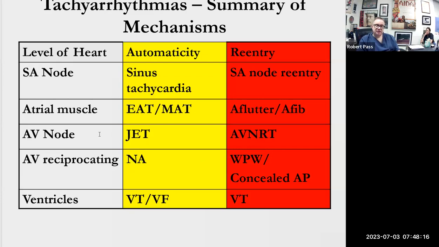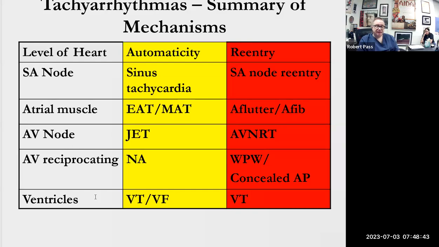When we talk about rhythms that reciprocate between the atrium and the ventricle, there is no automatic equivalent of that, but certainly patients who have Wolff-Parkinson-White syndrome or who have a concealed accessory pathway, which is a pathway that can only conduct from ventricle to atrium and not also from atrium to ventricle, so it's a unidirectional retrograde accessory pathway, these can be AV reciprocating reentrant arrhythmias.